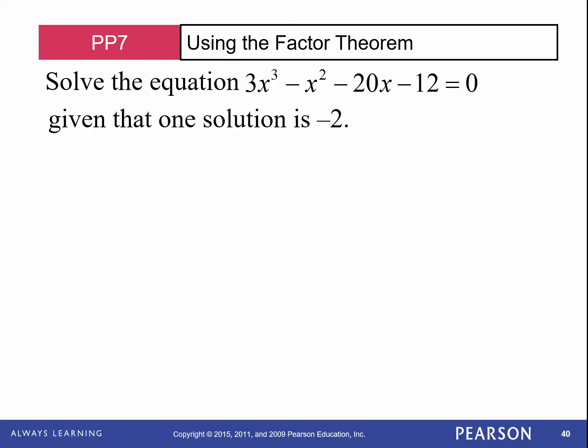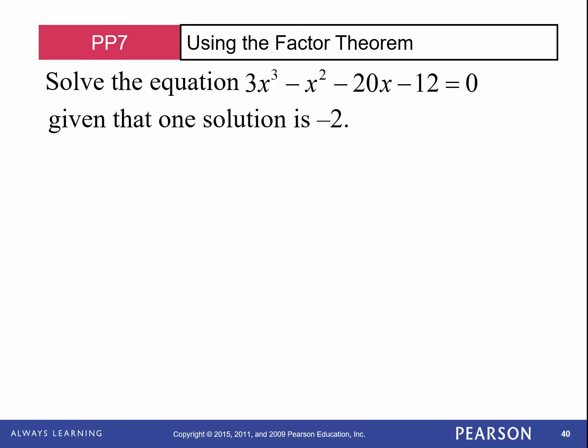Now, since we know that negative 2 is already a solution, we already know the remainder is going to be 0, right? But we're not interested in the remainder. We're interested in what is left over. So we can either do long division, or in this case, you think we can do synthetic division or no?